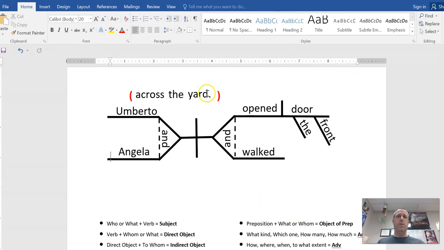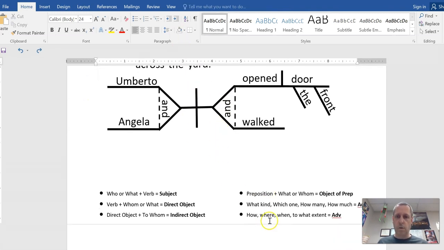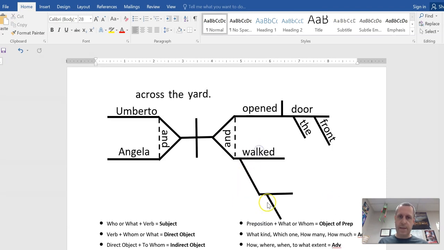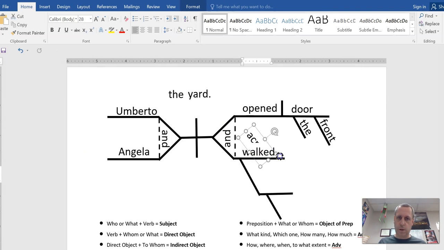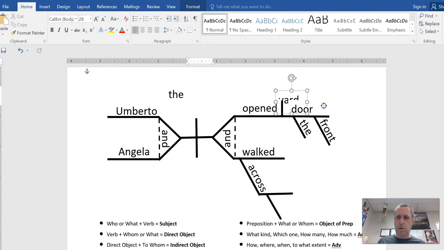All right, and now all I'm left with is my prepositional phrase. So I've got to ask the question across the yard, where Umberto and Angela walked. So it needs to go under walked as an adverb phrase. So I'll first take across, move it down underneath walked, showing the direction. Across what? Yard.